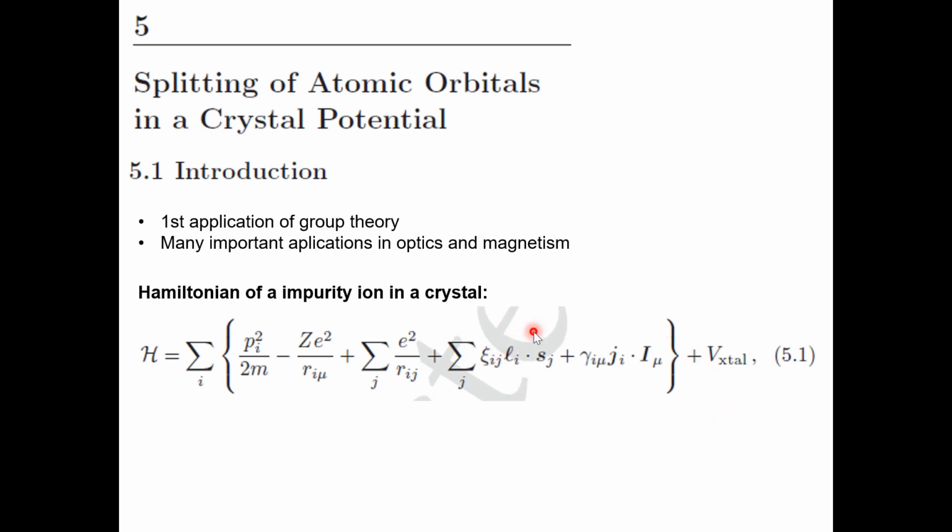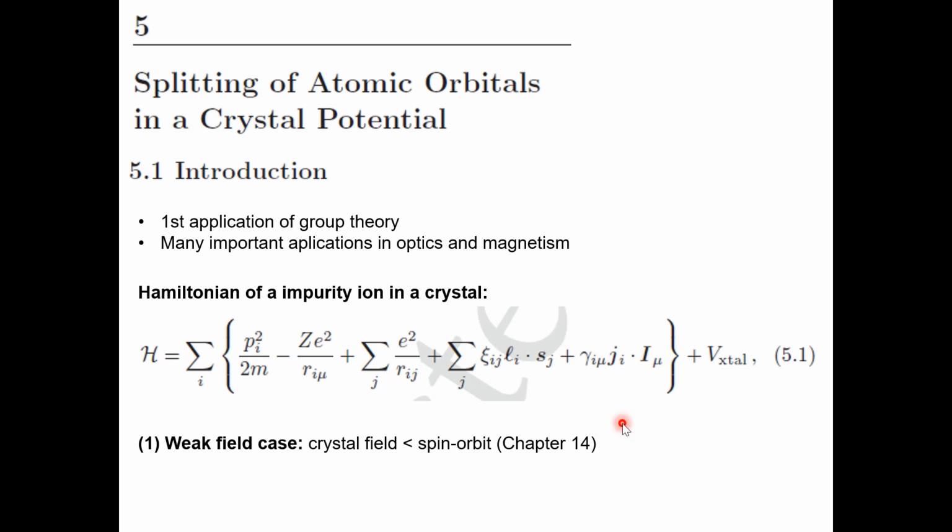In this approach, we have two different situations to consider. The first one is when the spin-orbit interaction is larger than the crystal field, the crystal potential. This will be treated in chapter 14, because to deal with this situation we need to consider spin and double groups, something that we're going to see only in chapter 14.